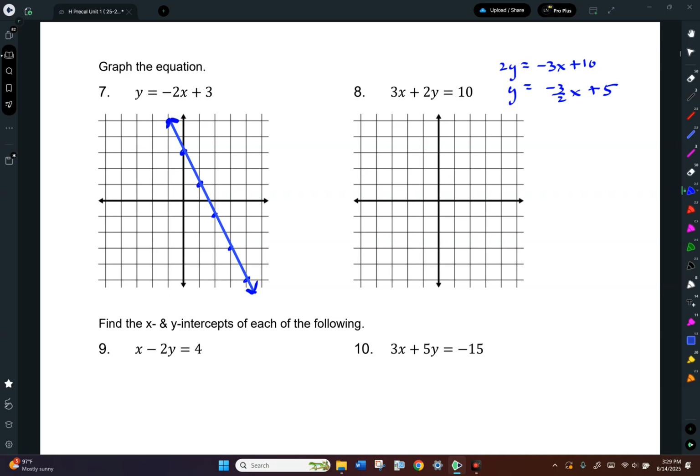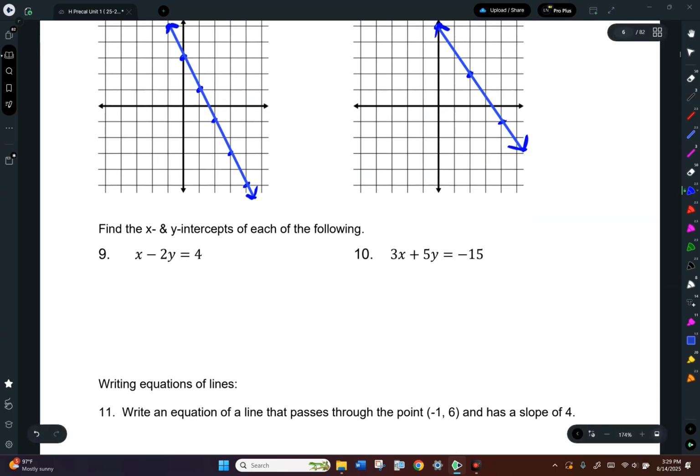So just be careful when you solve for y. So my y-intercept is 5. My slope is negative 3/2. So down 3 over 2. Again, mark that off as many times as you want. That'll help you draw this graph, the full extension of the grid there.